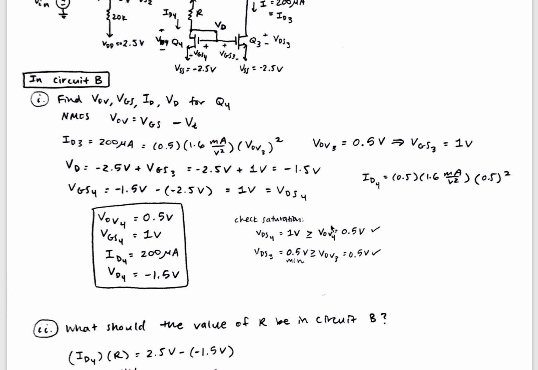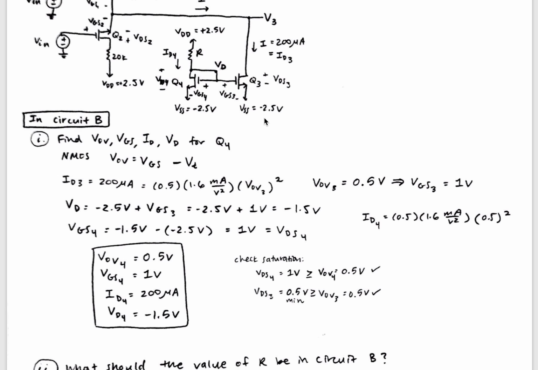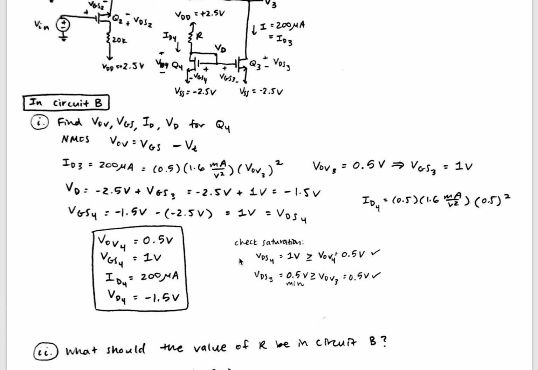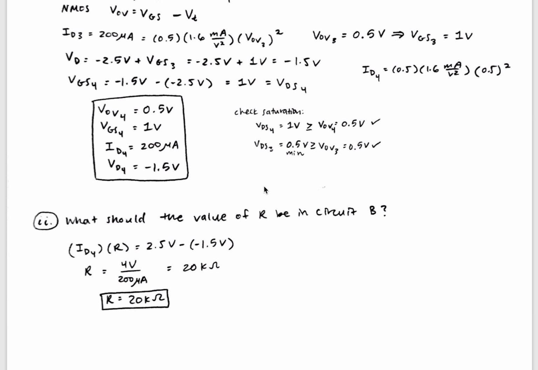So we get both of those values, and we can also calculate that ID4 is going to be equal to this equation, plug in VOV, and we see that ID4 is going to be equal to 200 microamps, same as what is going through Q3. And these values are as expected because Q4 and Q3 are matched with each other, both NMOS in saturation.